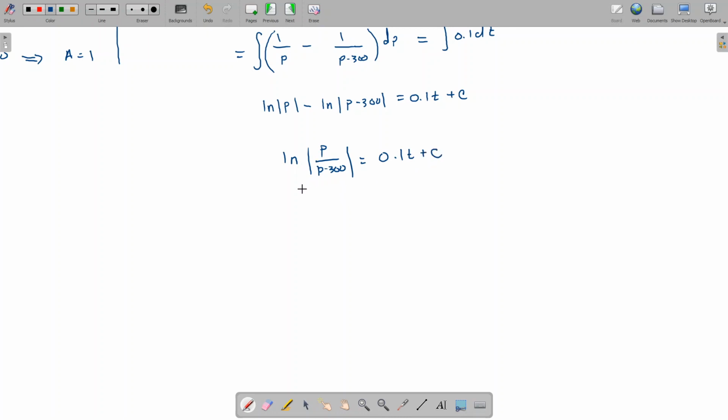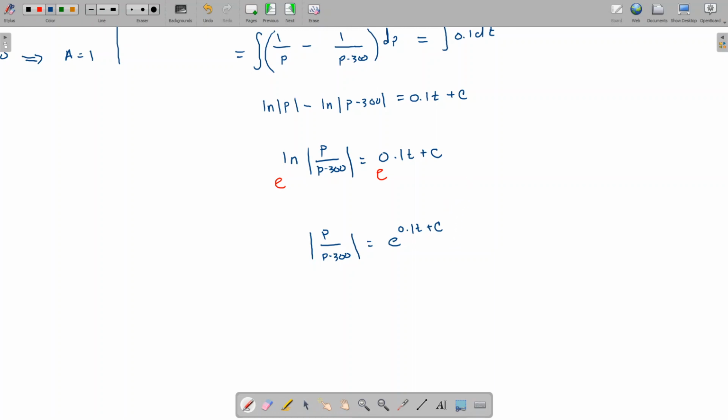Okay, the next step is we're going to exponentiate both sides. If we exponentiate, then this is going to cancel, leaving just the absolute value of p over p minus 300 equals e to the 0.1 t plus c.